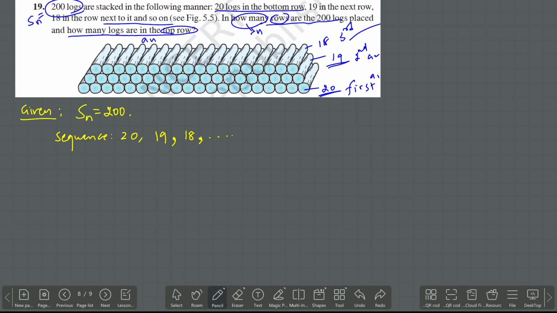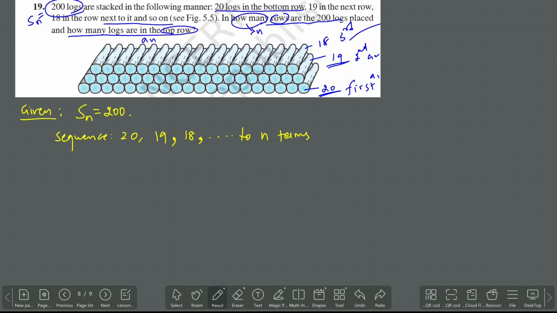It's going to n terms because they didn't mention what the top is. Bottom 20, top they didn't mention. Even how many rows there are they didn't mention. They are asking both. In the top how many, and how many rows. Then you mention n terms. We don't know what n is. We have to find n. We have to find an. Both we should find. Understand? Right. That's it.